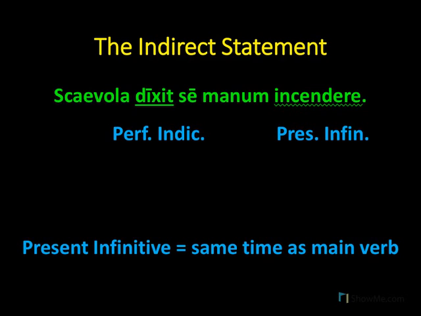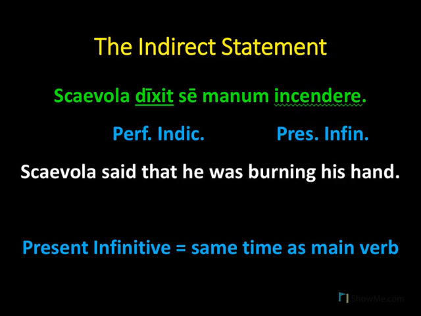And remember that the present tense infinitive indicates an action going on at the same time as the main verb. So we translate this as, Scaevola said, past tense again, that he was burning his hand. At the time that Scaevola was speaking, at the very same time, he was burning his hand.